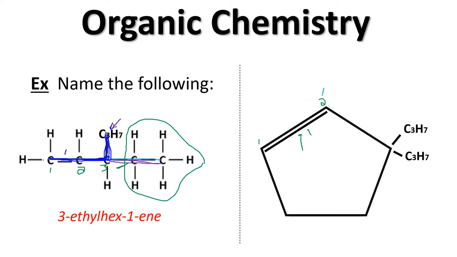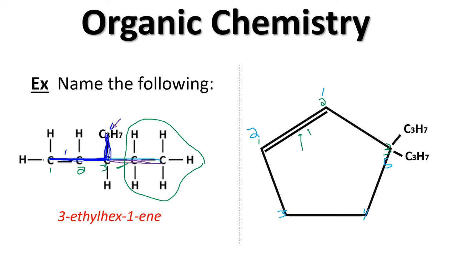This could be carbon 1, and this could be carbon 2, and the subgroups are what's going to dictate what is actually proper. So it looks like the green version is going to be right, because we'll have our subgroups on the third carbon. If we numbered the other way around, that would be 3, that would be 4, that would be 5 there. So obviously 3 is lower than 5.